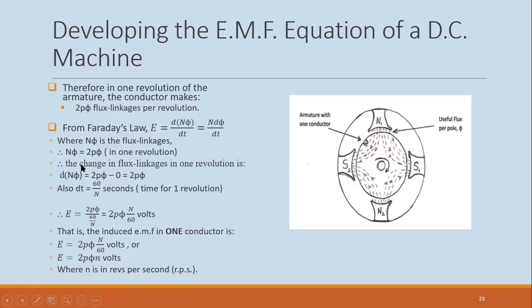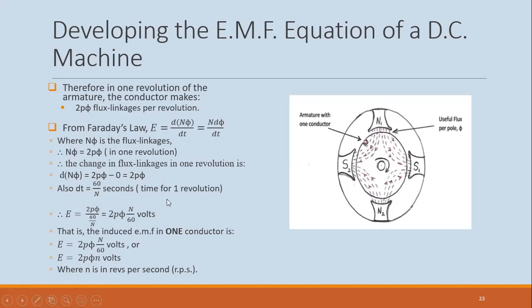Now, the change in flux linkage in one revolution would be d N phi, which would be 2p phi minus 0. So we start out with no linkage. So the change of flux linkages would be 2p phi. And the change in time for one revolution, as we worked out earlier, is 60 over n seconds.